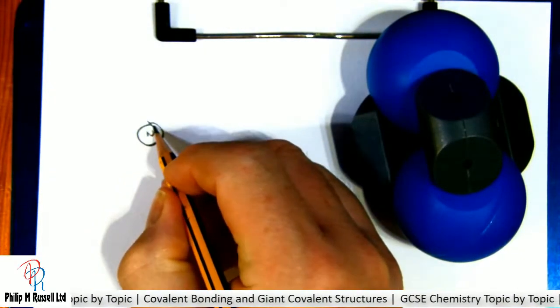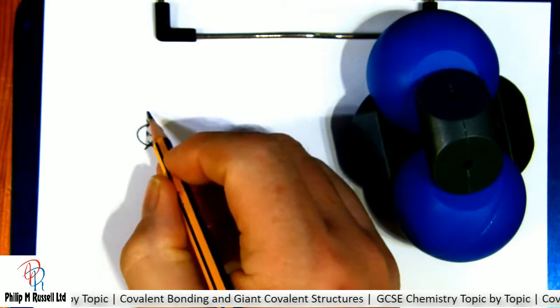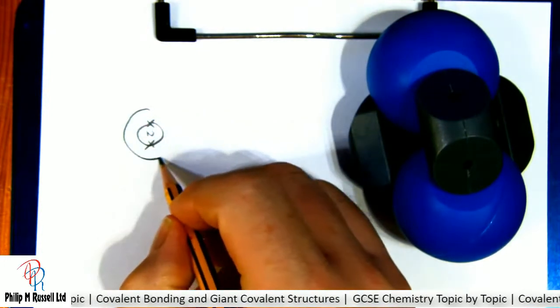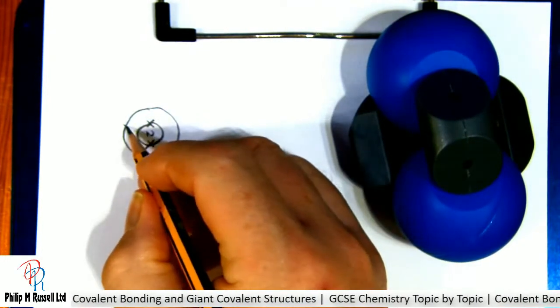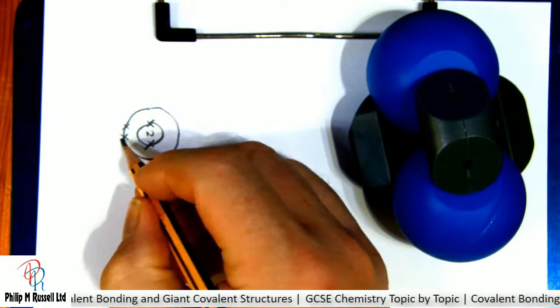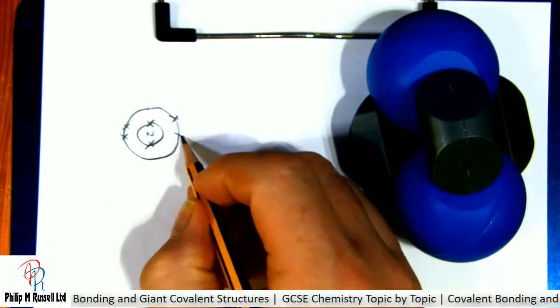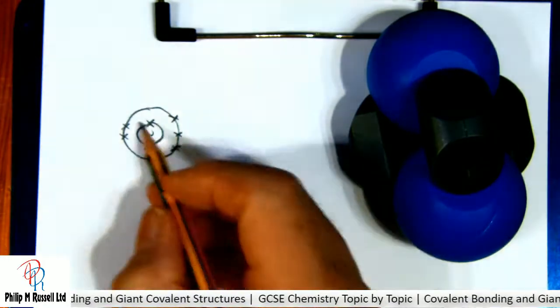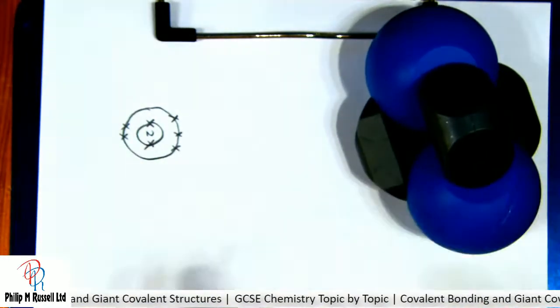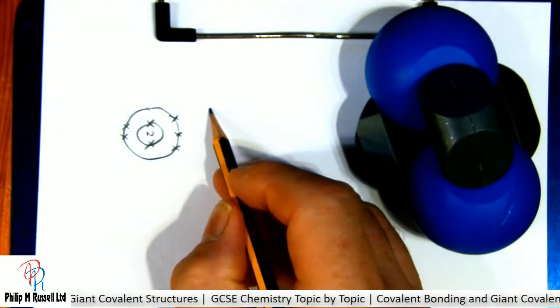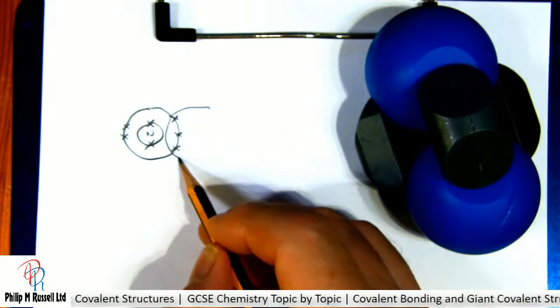It's got 2 in its first layer. It's got 1, 2, 3, 4, 5 in its outer layer. Let's join that to another nitrogen.